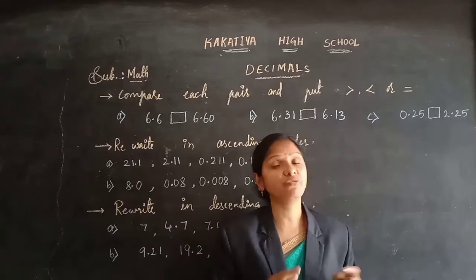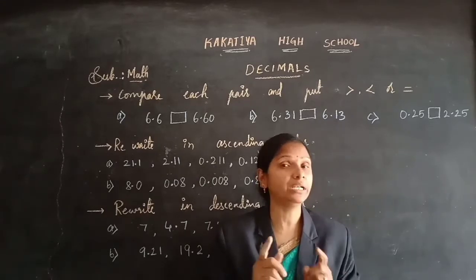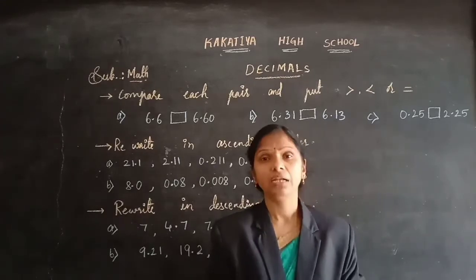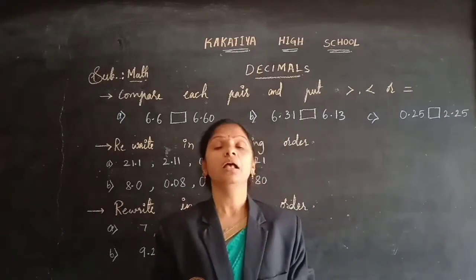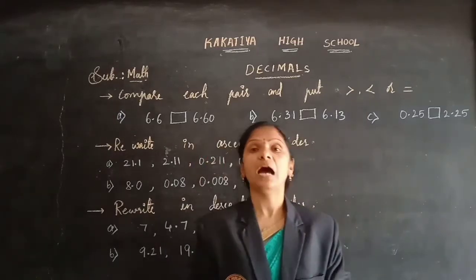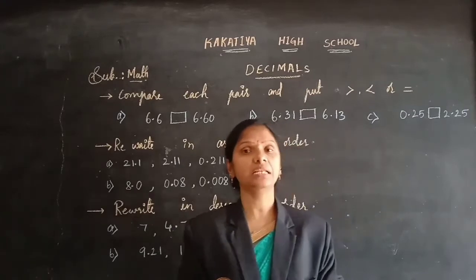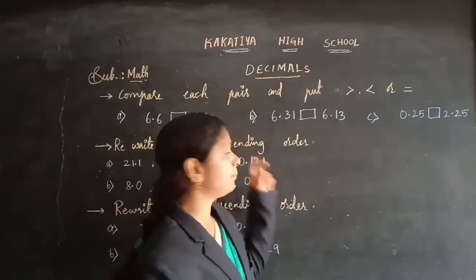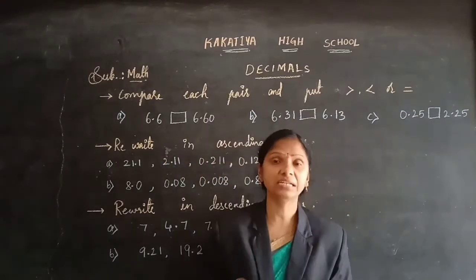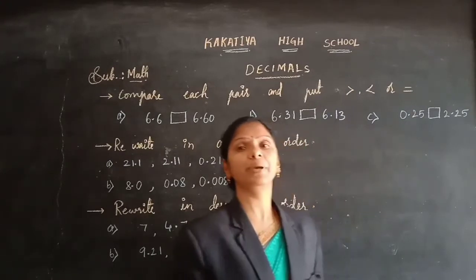And if you have a different number of digits, those decimals are unlike decimals. But for comparisons we require like decimals, children, so we can compare easily.